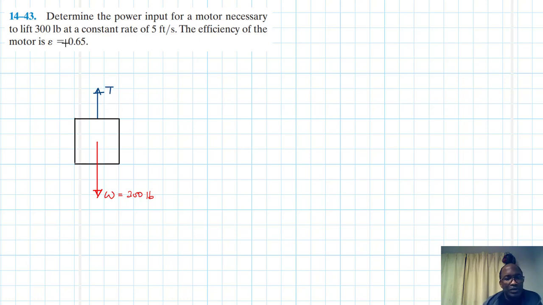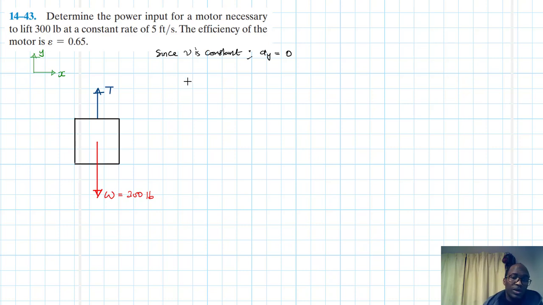And since the speed is constant, we expect a_y to be equal to 0. So there we go. Let's say this is our x and this is our y.